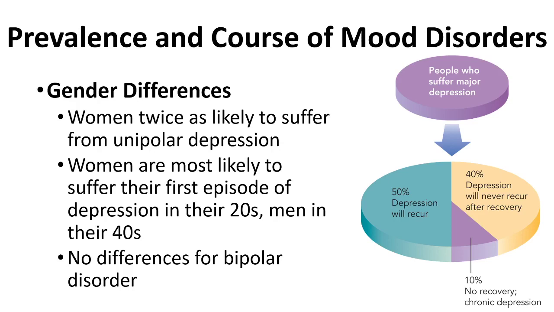It would just be periodically they experience depression. This 10% is they stay in that depressed state. And interestingly, about 40% of people, after having a single major depressive episode, will never have another experience with major depression. So it's kind of an interesting division of how people proceed after a major depressive episode.